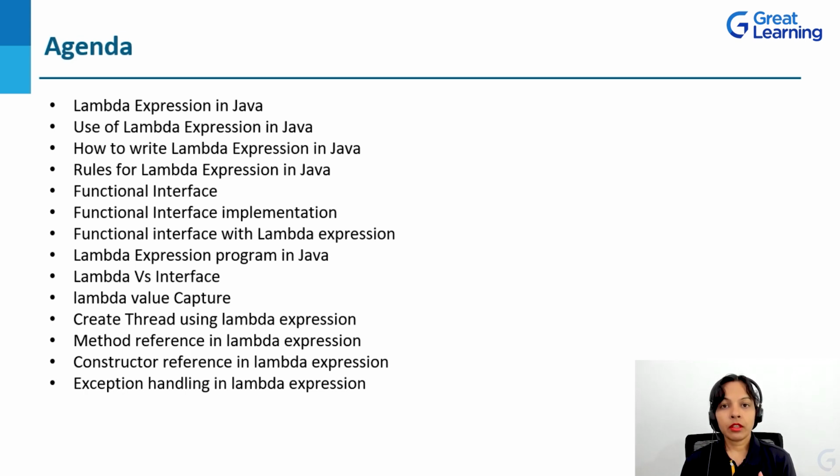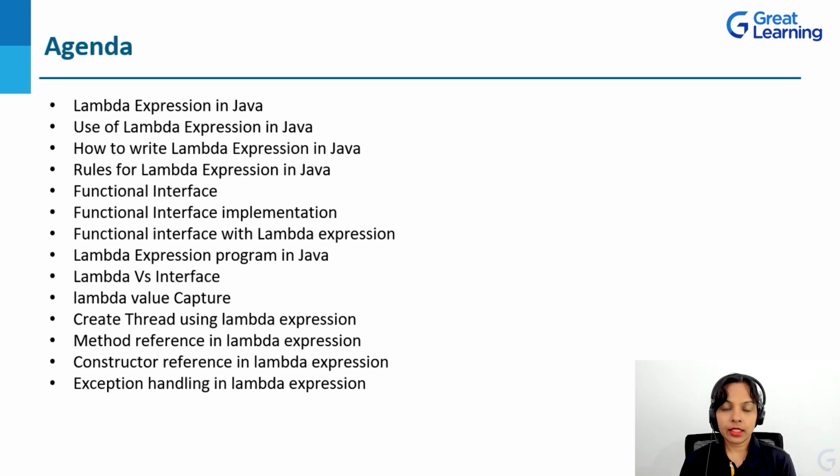Then one important concept, the functional interface, which is linked to lambda expressions, will be discussed. And then the implementation code for the examples of functional interface and how to make use of lambda expressions in Java will be discussed. I'll be using an IDE to type the code for all these examples. Moving ahead, we will take a further example of how we can use lambda expressions in creation of a thread.